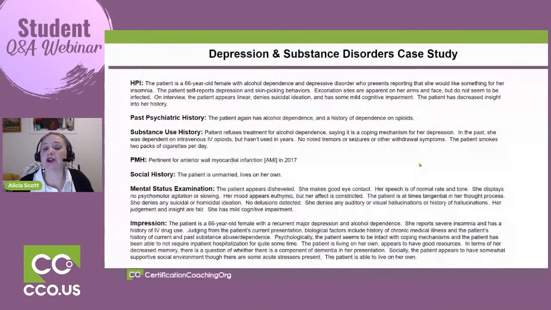That's very pertinent because a lot of these dependence and substance abuse disorders have withdrawal symptoms built into the code. The patient smokes 2 packs of cigarettes per day. The past medical history is pertinent for anterior wall myocardial infarction in 2017. So they had an MI in 2017.